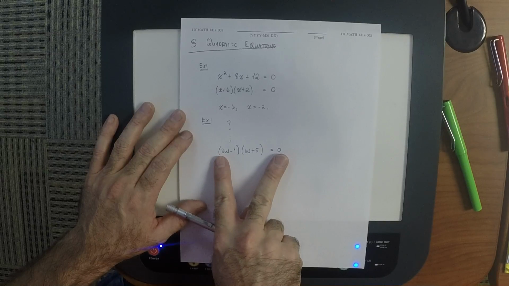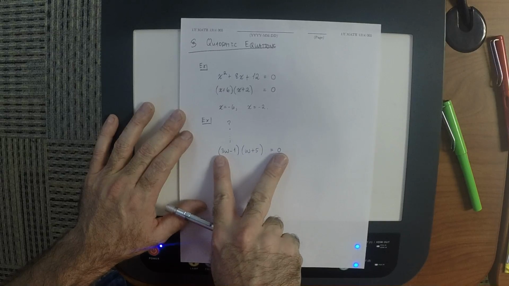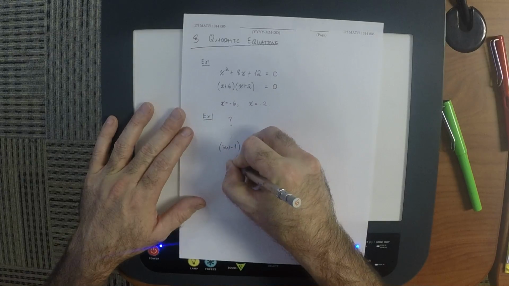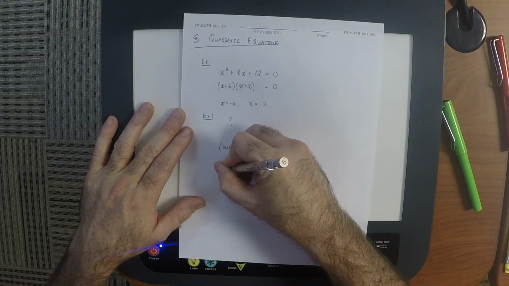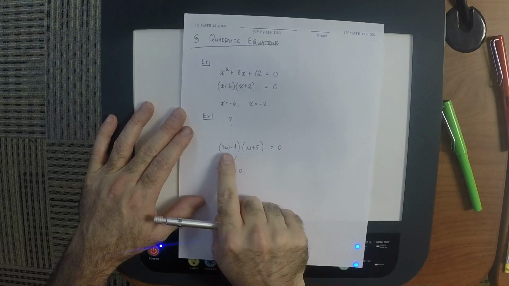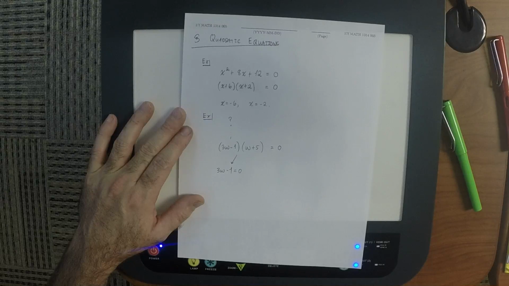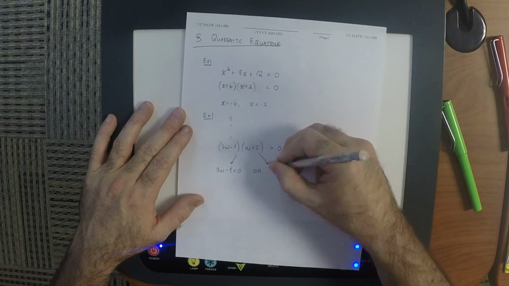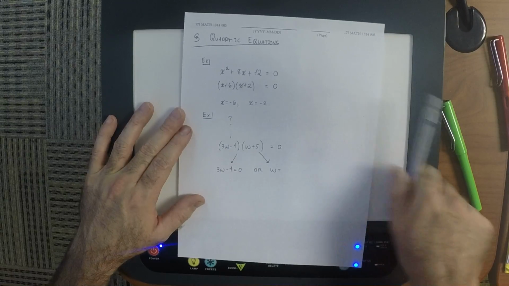What's one of the possibilities? One of the possibilities is that 3w - 1 is 0. Either that one is 0. And what's the other possibility? Or the other one is 0.